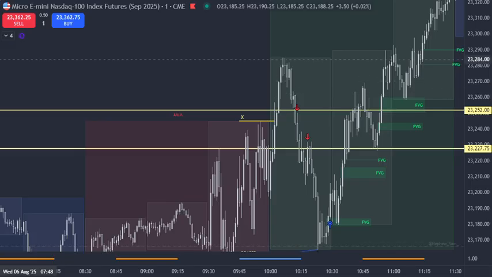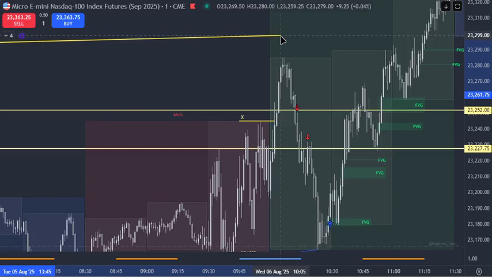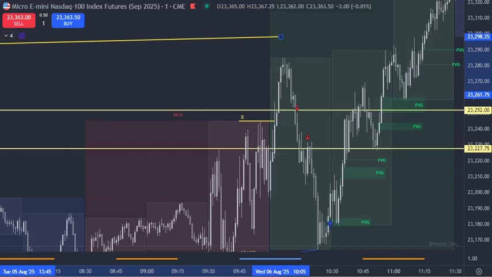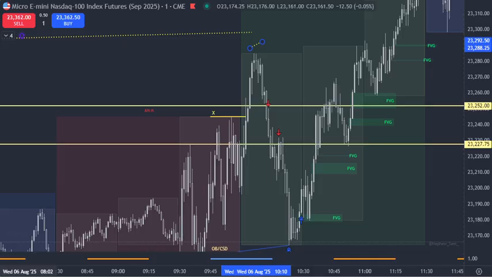At that time, there was a huge SMT right here. And then we had SMTs here as well, so we had double SMT.